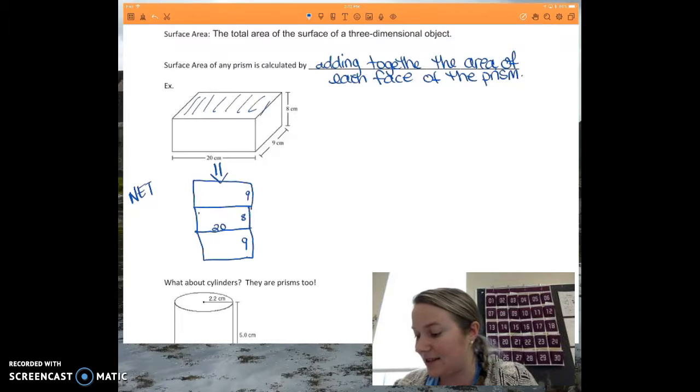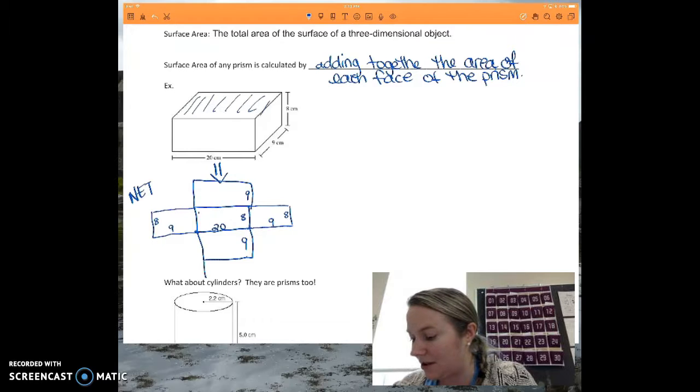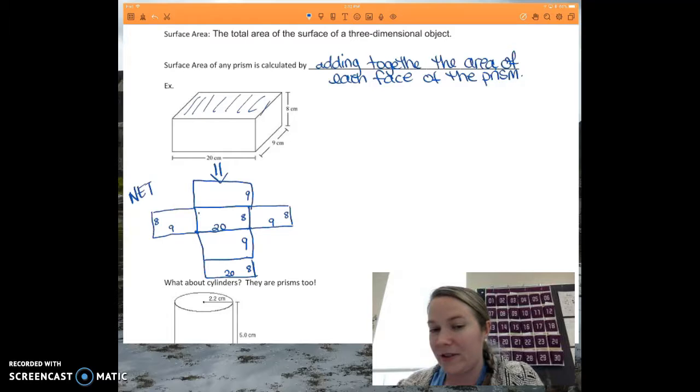Now the sides, you can put on either side here, they are 9 by 8. I have 1, 2, 3, 4, 5. If I fold that up, I'm going to be missing a side, so I can put the remaining side right there, which is 20 by 8. That is a net of that three-dimensional item right there.